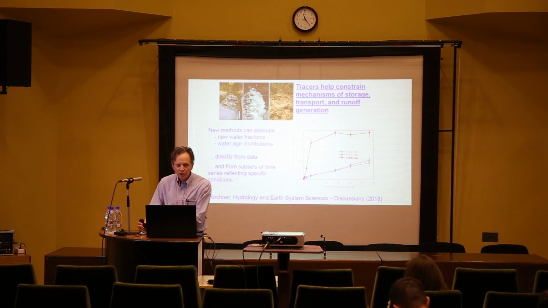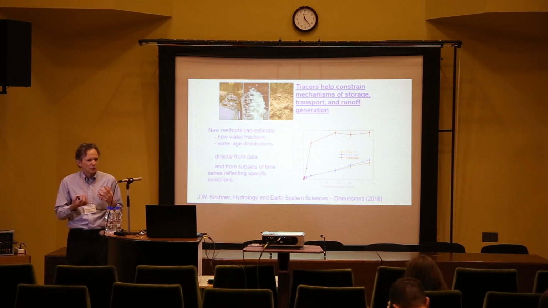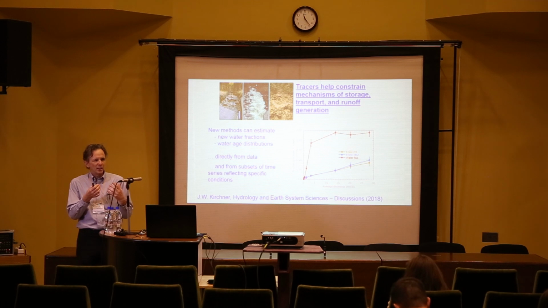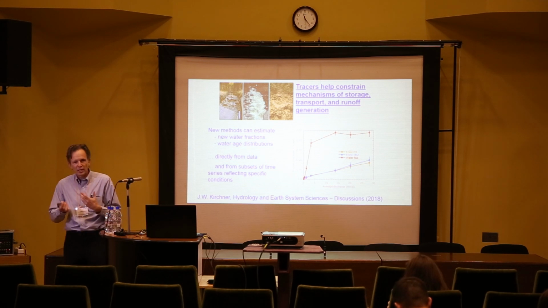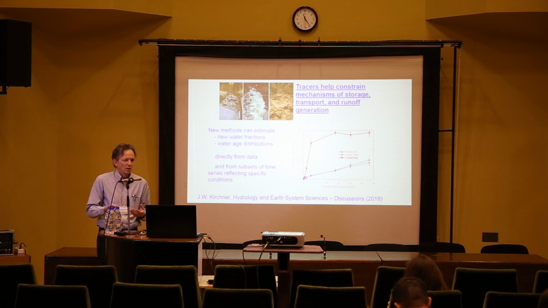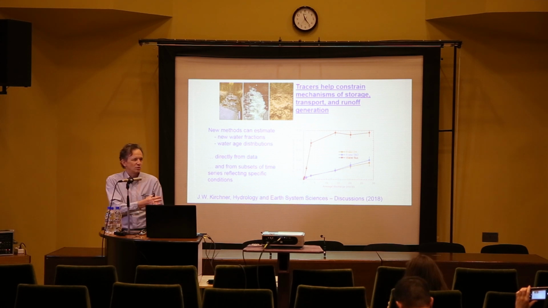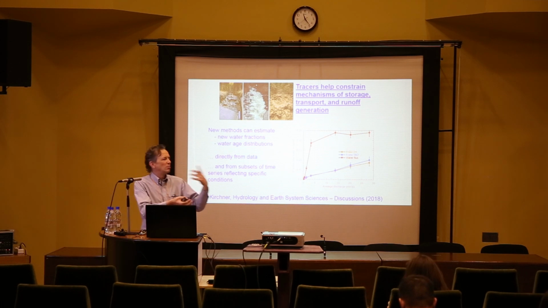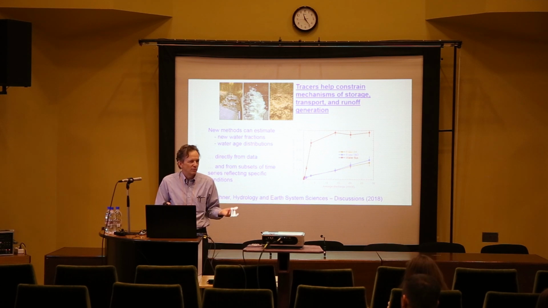So, the general conclusion from this part of the talk is to show that there are new methods for using tracers to constrain timescales and mechanisms of storage, of transport, and of runoff generation on much shorter timescales. So we can now use tracers not just to ask how many weeks or months or years is the average age of our water.